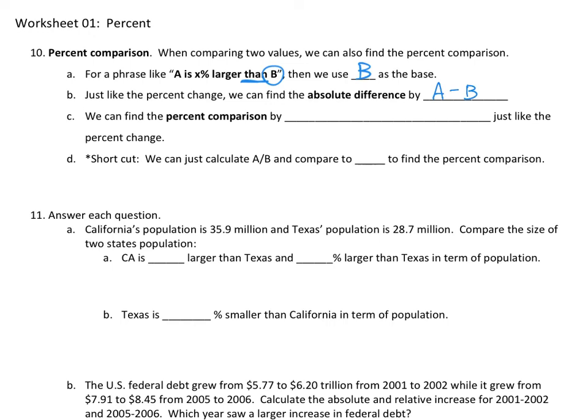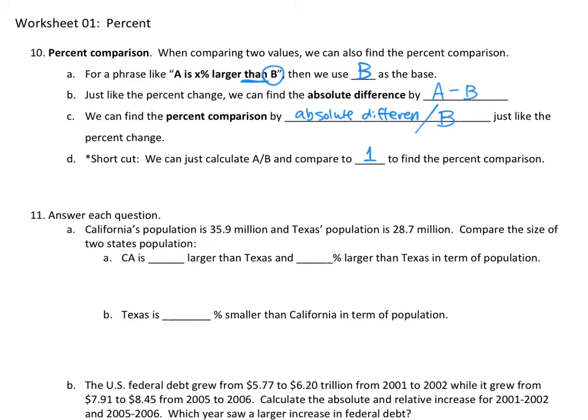We can find the percent comparison by the absolute difference over the base, which is B, just like the percent change. Shortcut, we can just go without doing the absolute difference A minus B. We can just do A over B and then compare it to 1 to find the percent comparison.